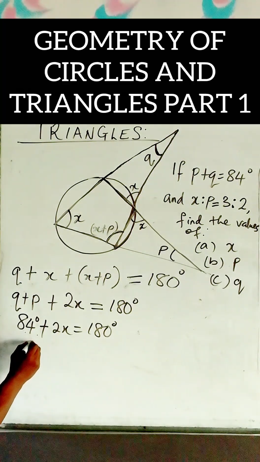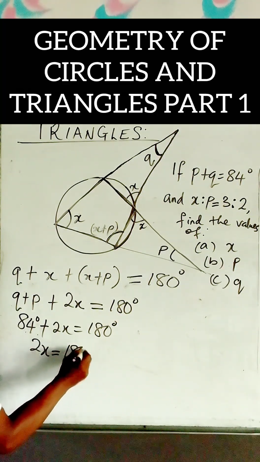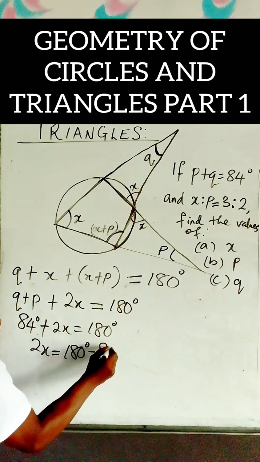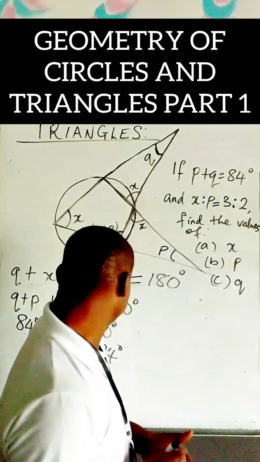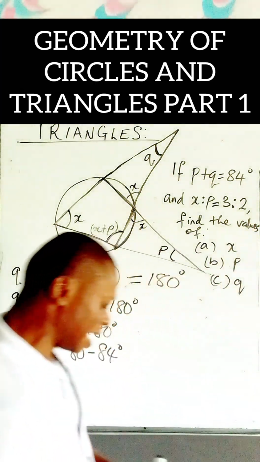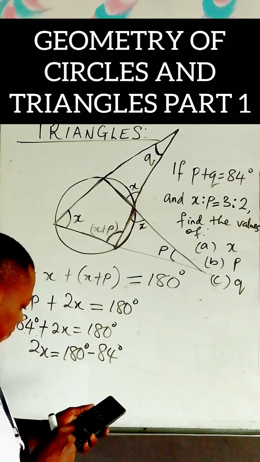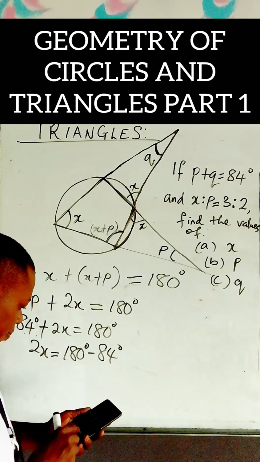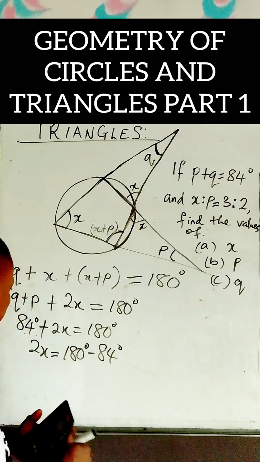Here 2x will be equal to 180 degrees minus 84 degrees. So we subtract that: 180 minus 84 will give us 96 degrees.